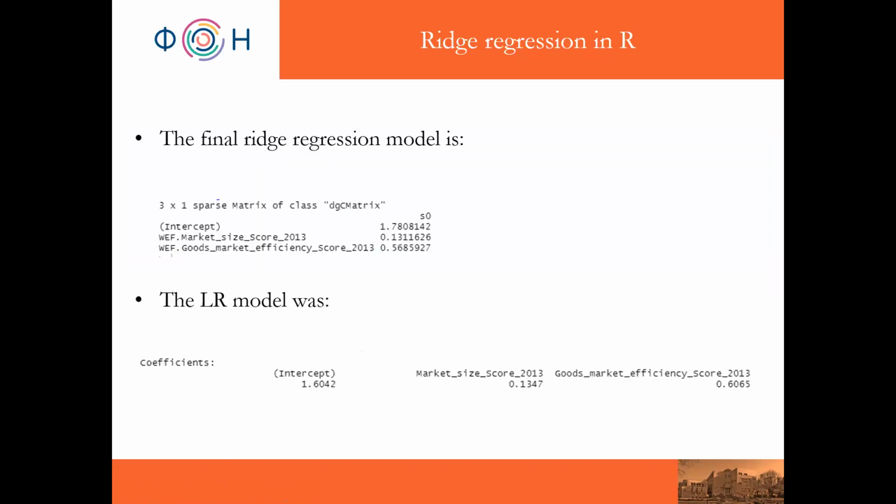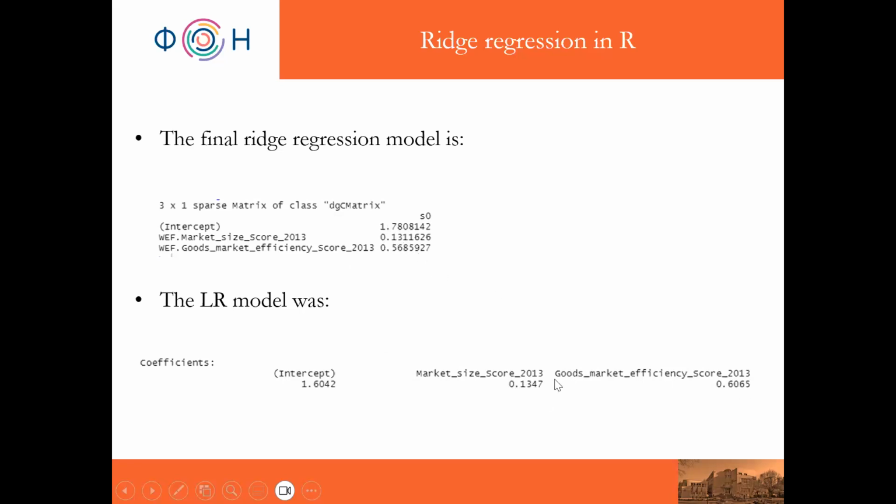Okay, it is nice here to present the results of the ridge regression model and the results of our linear regression model. For example, our intercept, our constant, has increased. The estimate regarding market size score within our ridge regression has reduced.